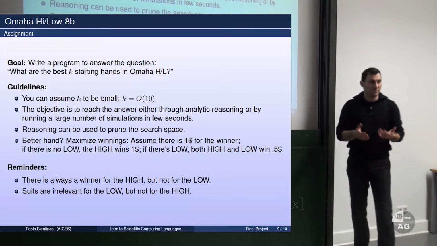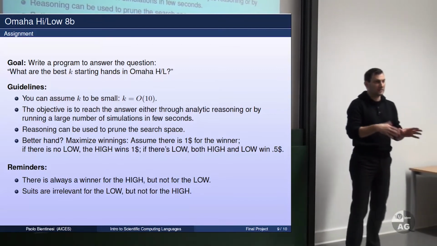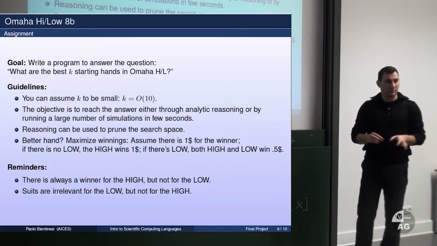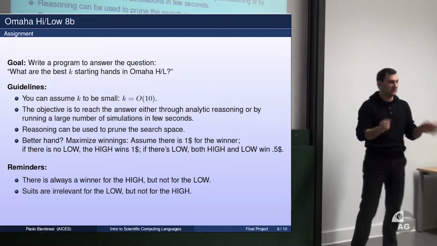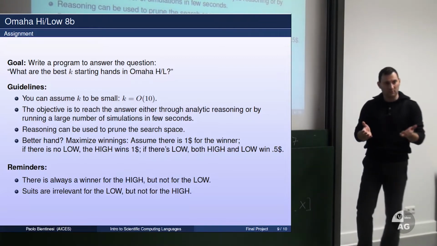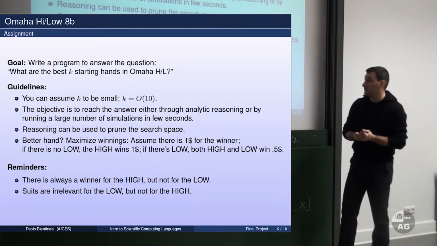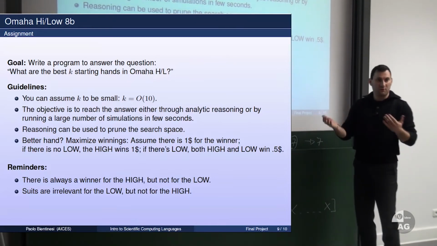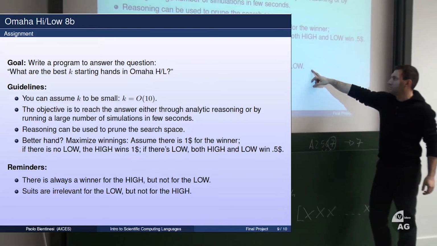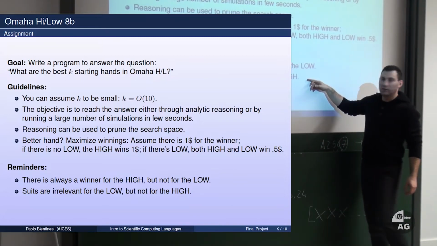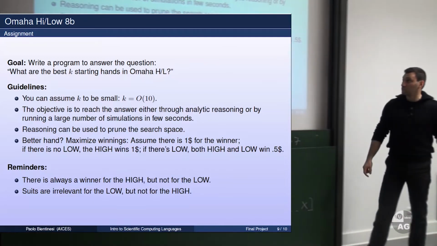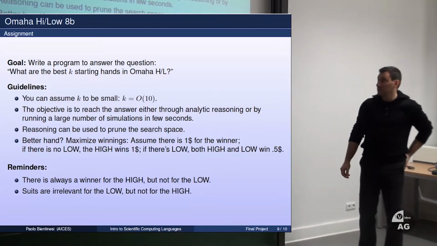The objective is to determine the hand that maximizes your winning, regardless of whether there is high or low. I don't want two separate answers, the best hand if there is a high and the best hand if there is a low. No, I want just one single answer, which considers, of course, both scenarios. So, reminder: there is a high, there is not necessarily a low. And here again, suits do not count for the low, but they do matter for the high. This is not so easy.